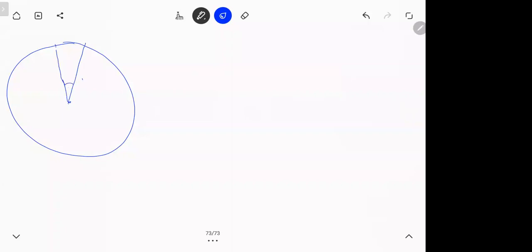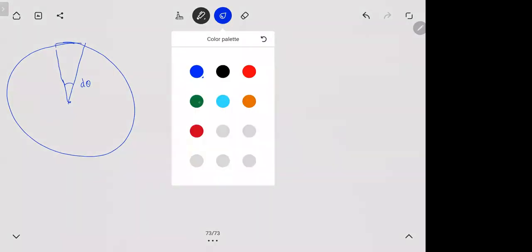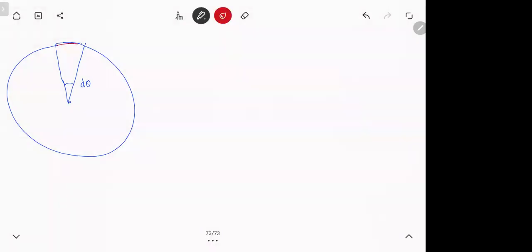So take a very small piece d theta for this small arc. So this length will be R d theta. Now the dm is the mass of that arc.